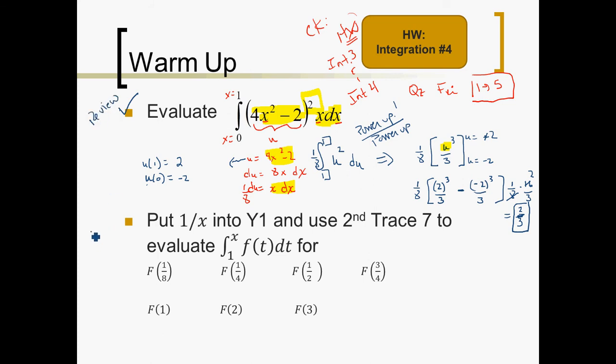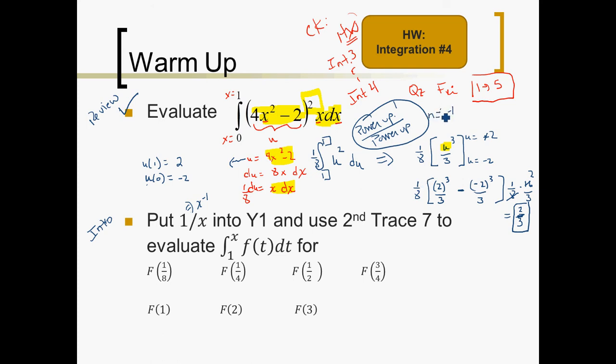Now, this was review, and this is going to be a little intro into today's topic. As you saw in my calculator, I already had 1 over x into y1. Now remember, 1 over x is actually x to the -1, and remember, power up, divide by the power up, doesn't work when n is equal to -1, right?